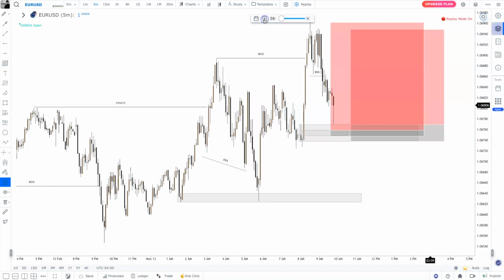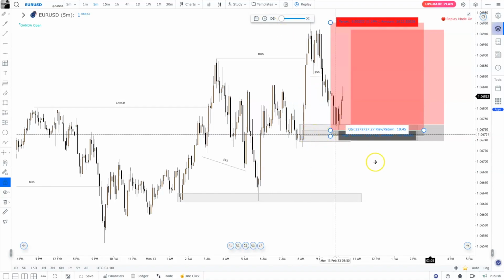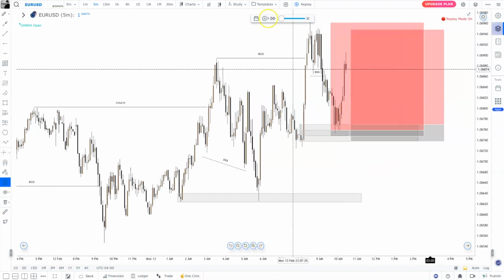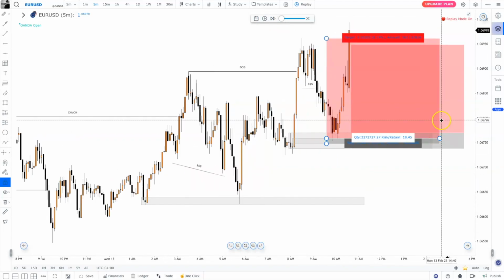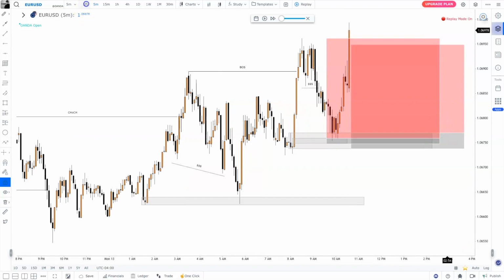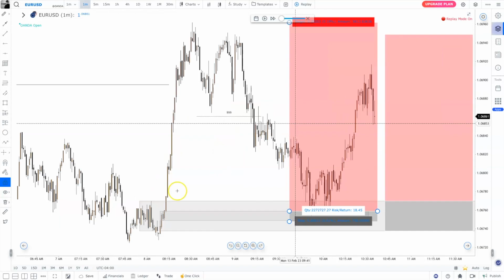Boom. Market is definitely mitigating the zone. And it's actually touching now the actual little one on the 1 minute. And holy shoot, look at that. So it did react to the actual 1 minute, to the refinement on the 1 minute.